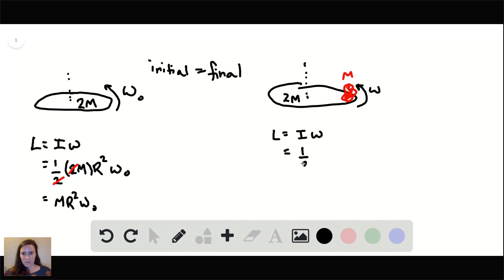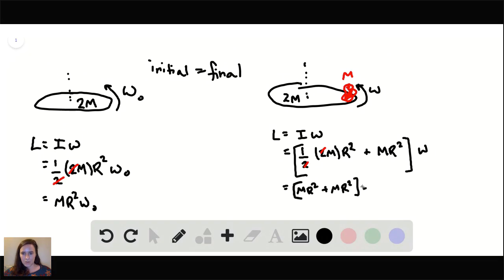So I have my disk, which is 1/2 mr squared, plus my blob, which is mr squared, times omega final. So I have mr squared plus mr squared times omega. So 2 mr squared omega.